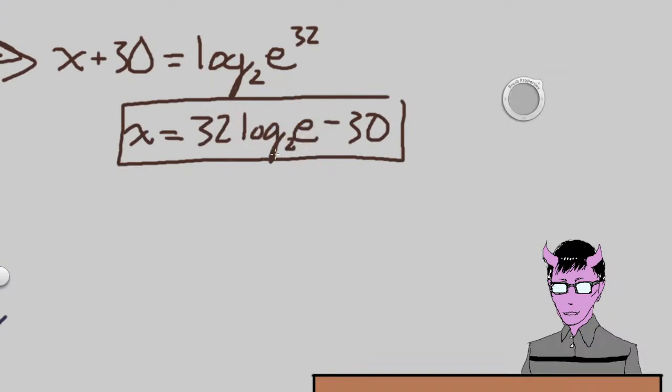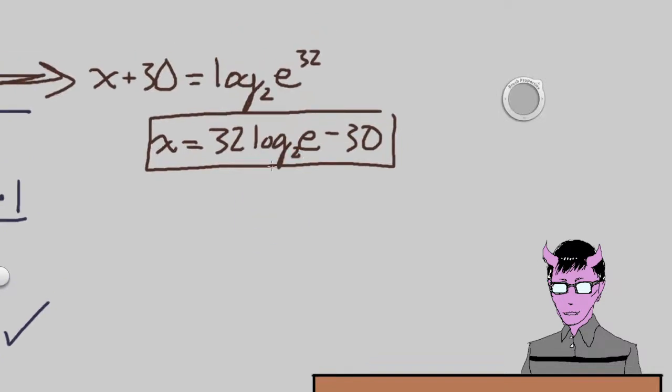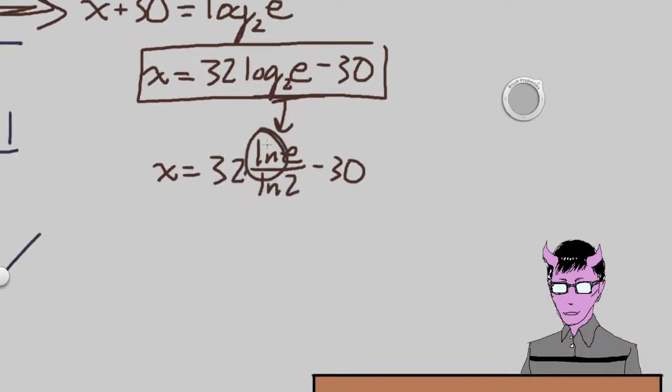So if you're doing your math on your phone and you want to get an actual rounded answer, you'd have to use change of base on this one. So you'd have to do natural log of e over natural log of 2. That's what you would basically input into your calculator, because your calculator on your phone can do natural logs or it can do log base 10.